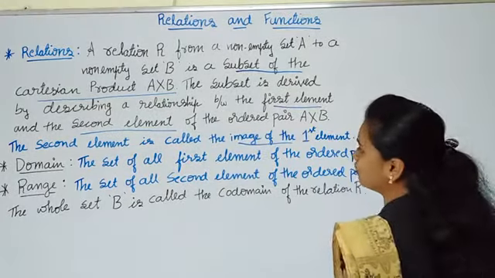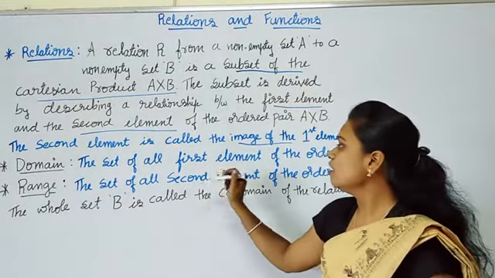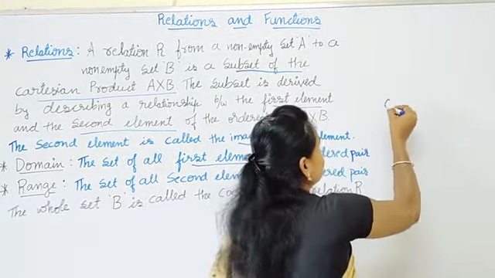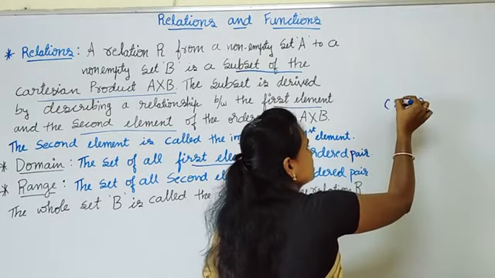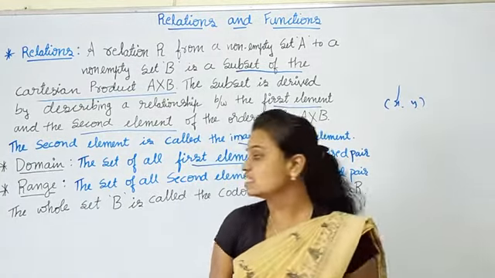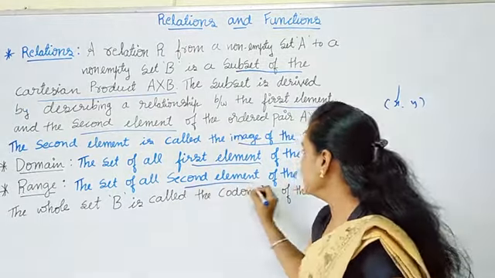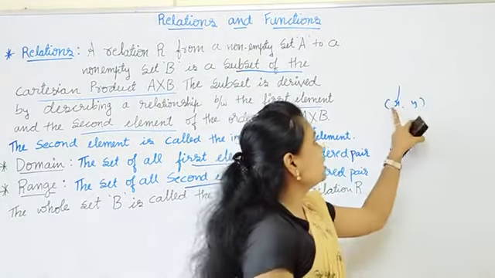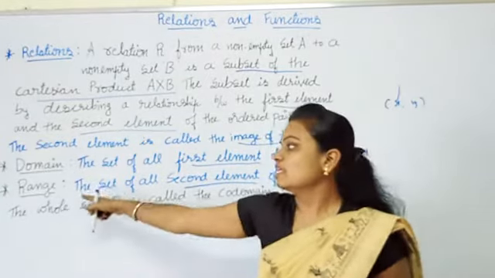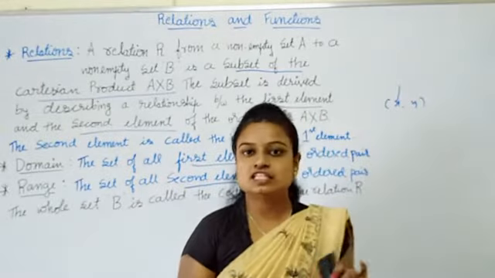The next definition is domain. Domain means the set of all first elements of the ordered pairs. If we have ordered pairs (x, y), the set of all first elements is known as the domain. Similarly, range means the set of all second elements of the ordered pairs. The set of all first elements is the domain; the set of all second elements is known as what? Range. Understand?